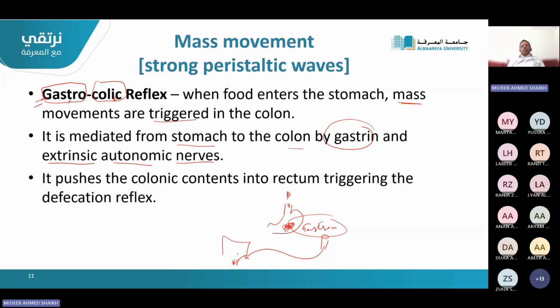It will mix with the blood, and then blood will be supplied to the large intestine, and it will cause the strong peristaltic wave or the mass movement. This is called the gastrocolic reflex, which will trigger the defecation reflex. Suppose this is the rectum and it is closed. Once the chyme is poured here, it will start to distend, and this distension will start the defecation reflex.